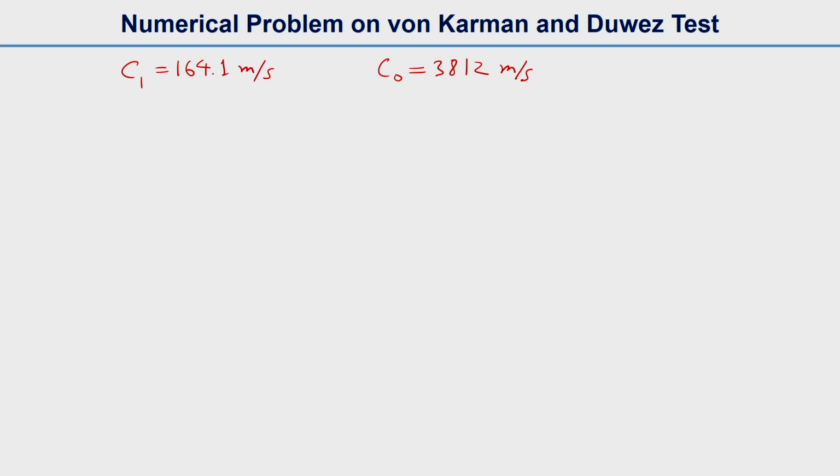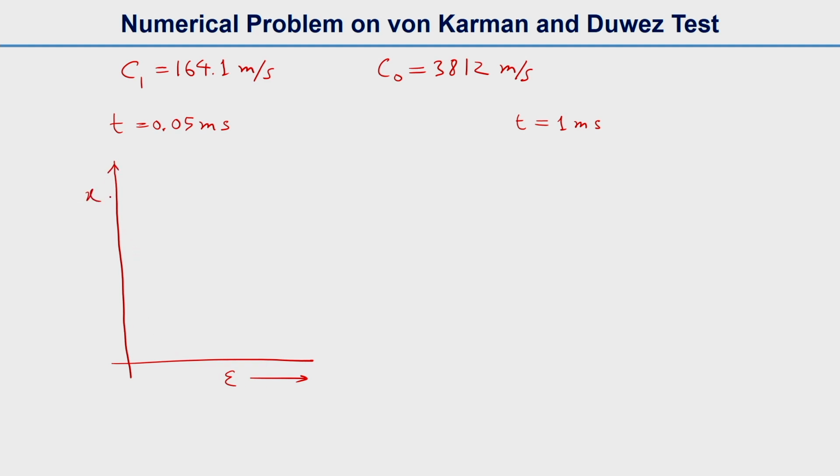So now we need to have the wave profile for two times. The first one is for 0.05 millisecond and the second one is for 0.1 millisecond. As we know, the x axis will be epsilon and the y axis will be x.